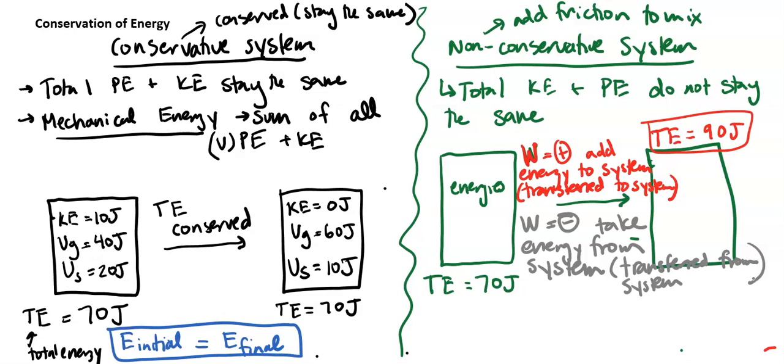Work could be either positive or negative, but work done by friction is a good example of negative work. So then for the total energy, let's say we take away 20 joules of energy. Friction makes us lose energy, so the total energy we'd be left with is 50 joules.